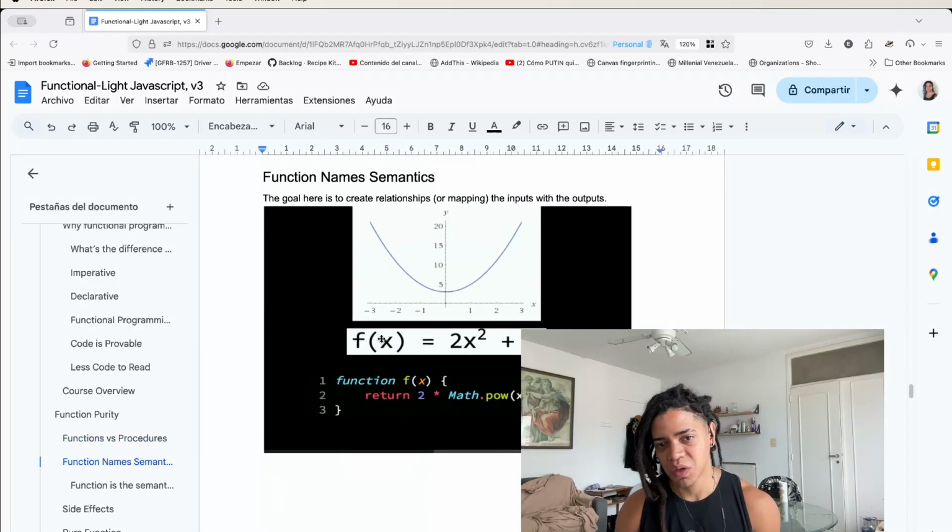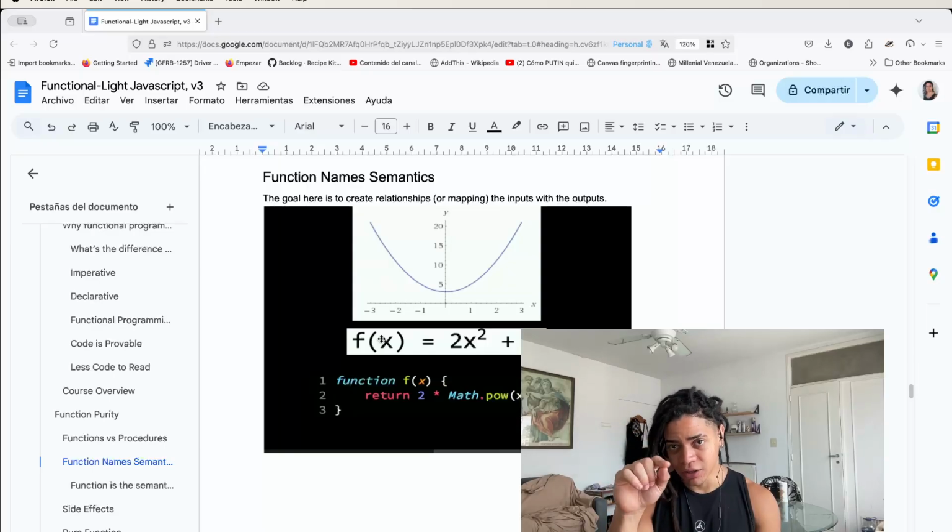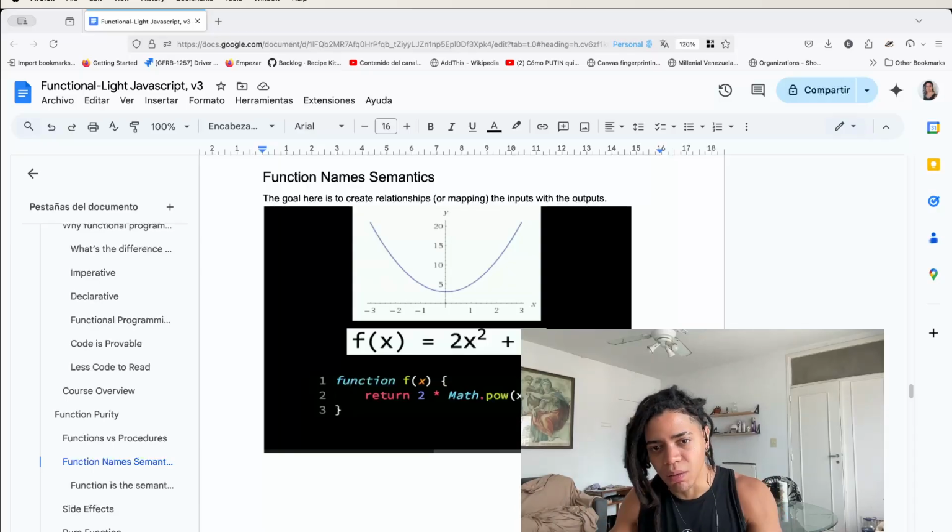So when we look at this particular function, whatever input you pass through will be reflected as the output. In other words, based on its input, what is the relationship it has with the computed output?